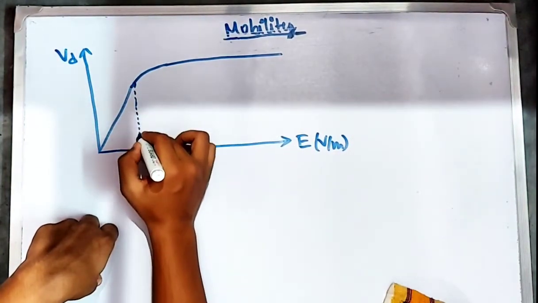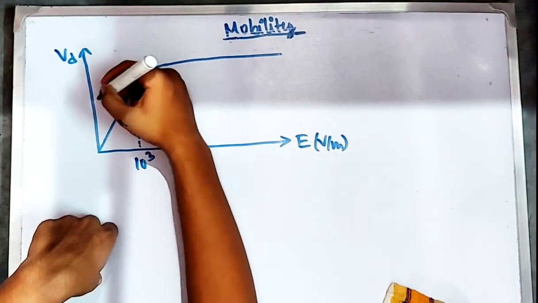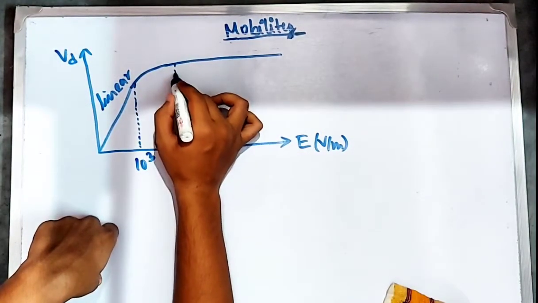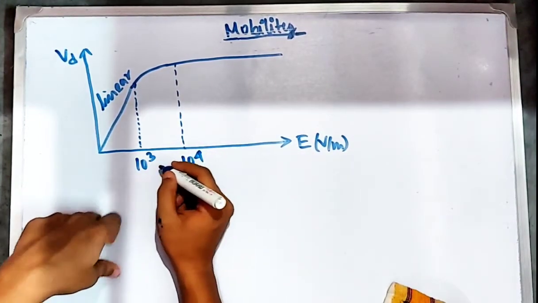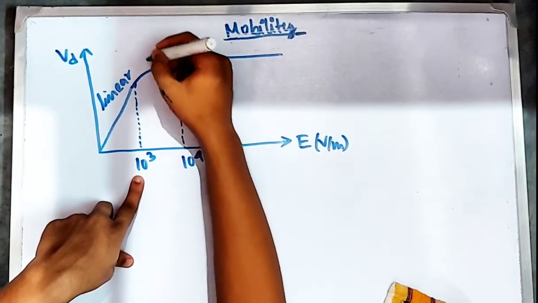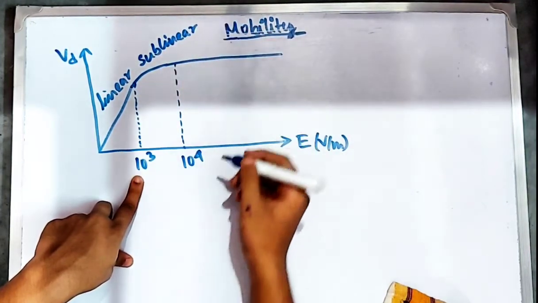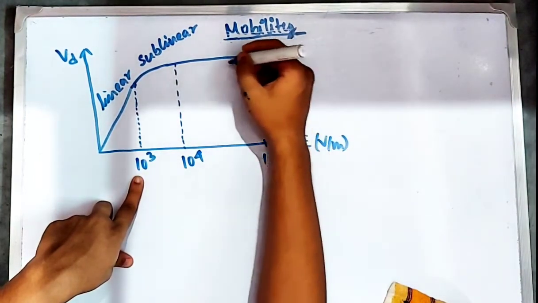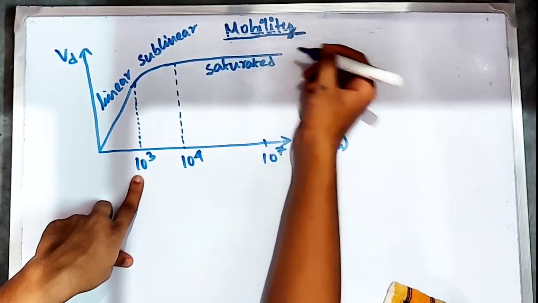Up to 10 to the power 3 volt per meter, this is the linear region. From 10 to the power 3 up to 10 to the power 4 volt per meter, this is the sublinear region, and beyond this, 10 to the power 4 to 10 to the power 7, this is the saturated region.